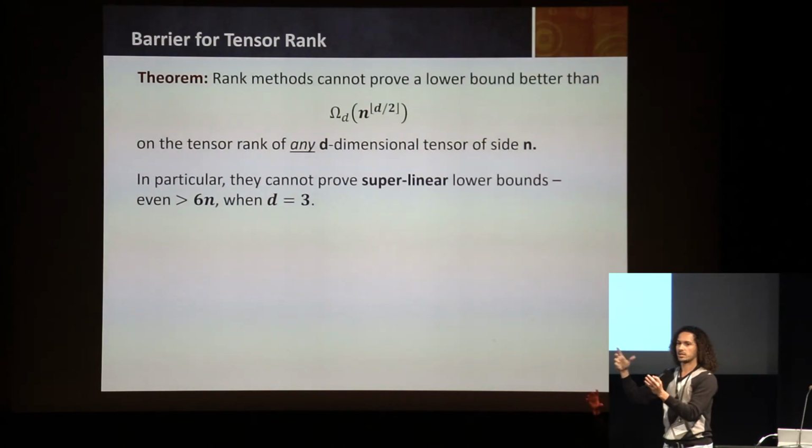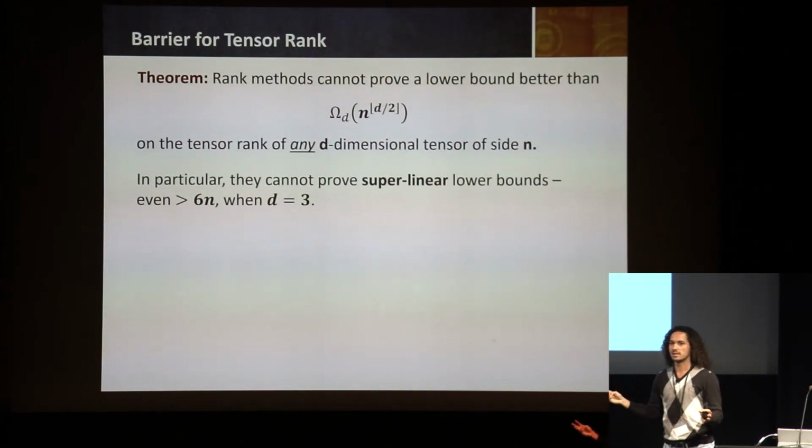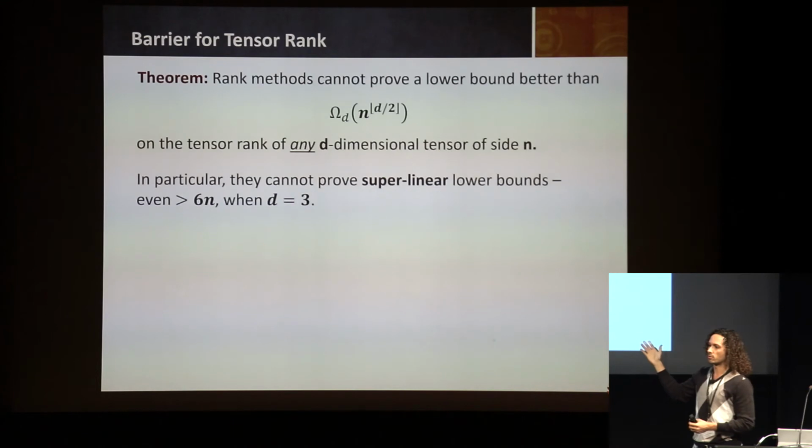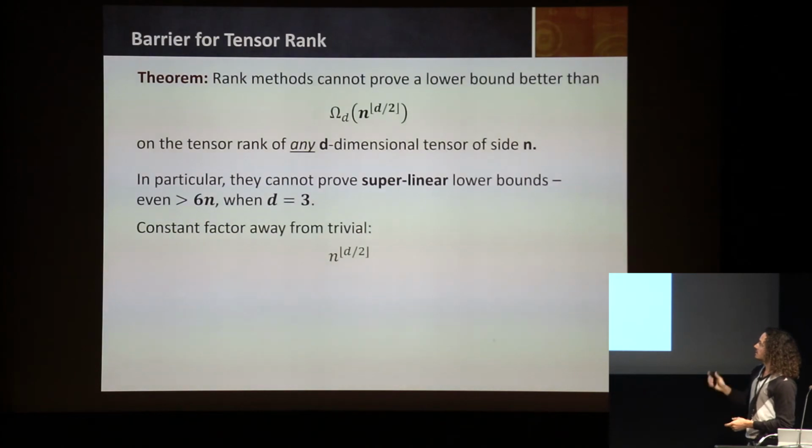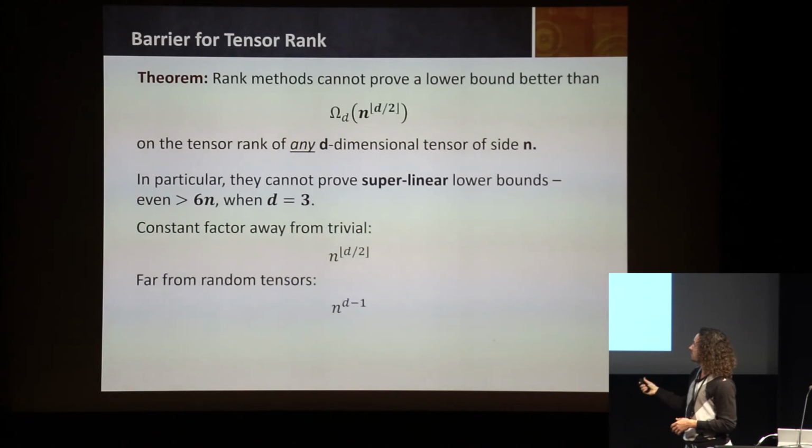And d here is the dimension of the tensor. So if I pick three-dimensional tensors, I cannot even prove superlinear lower bounds. So this really kills all these approaches for tensor rank. Now, notice that this is a constant factor away from trivial. We know there are very trivial tensors with rank n to the d over 2, which you can get from flattening.